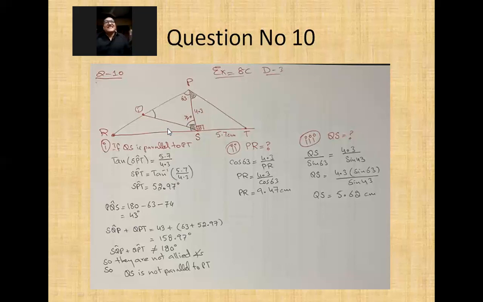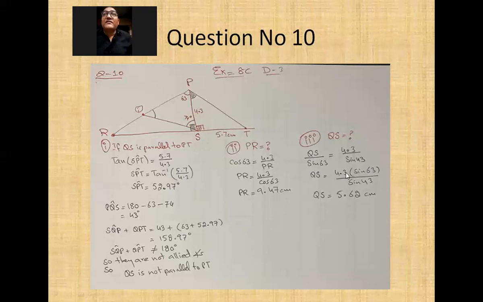So this is a perfect situation to use the sine rule. So I will use the sine rule. You see, QS divided by sine of 63 equals 4.3 divided by sine 43. So here you can see I've written this, and I will make the QS alone.